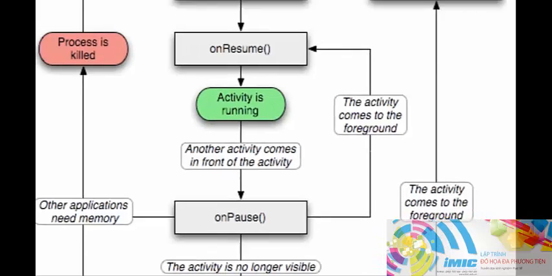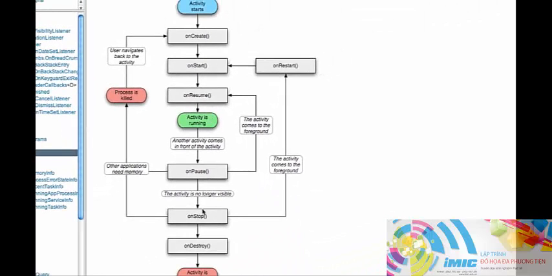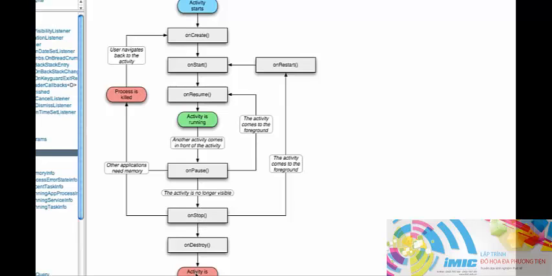The only method from our activity class that we are familiar with is onCreate, but we're going to use some of these other methods as well. The only other two methods that are really important are onPause and onResume, because even if our activity gets destroyed, it's going to go through onPause before it goes through the others.